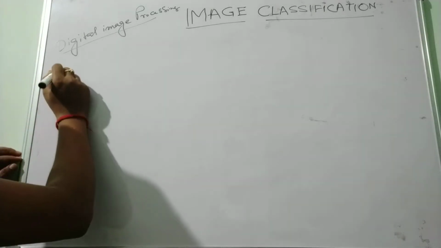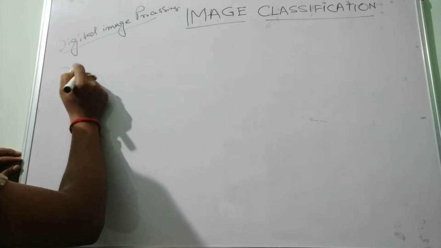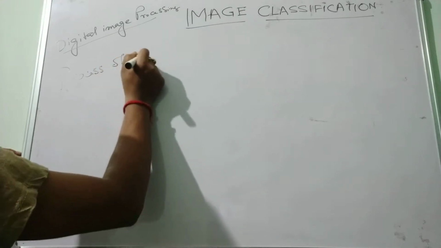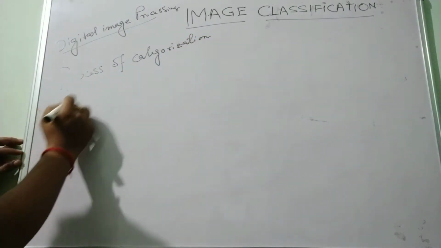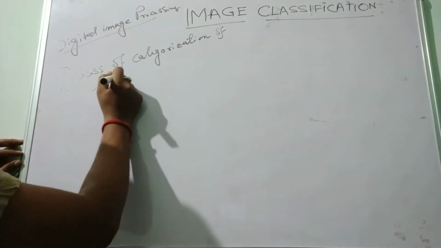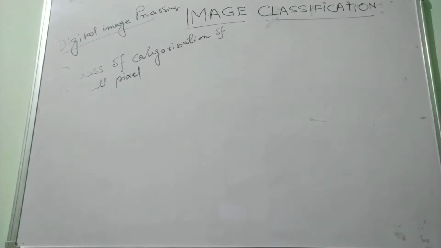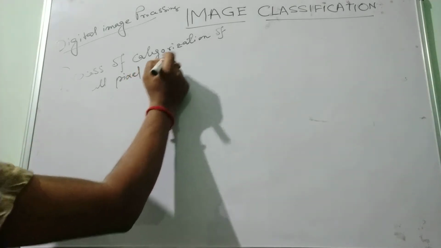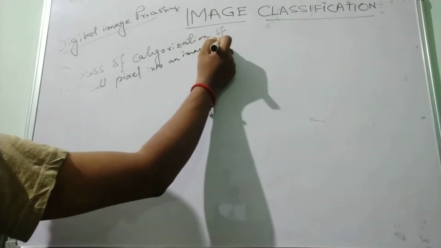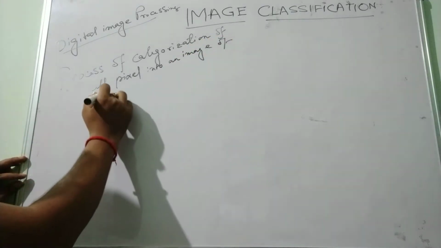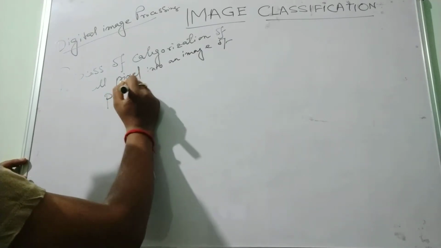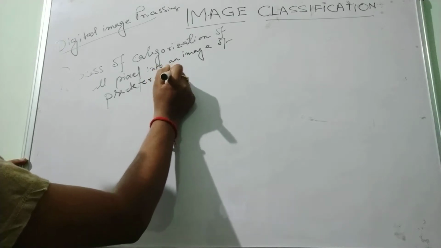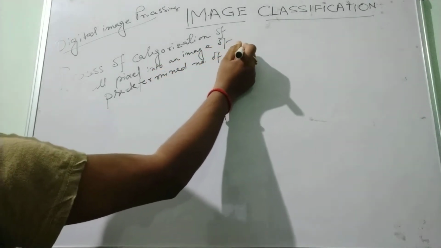So it is a process of categorization of all pixels into an image of a predetermined number of classes.